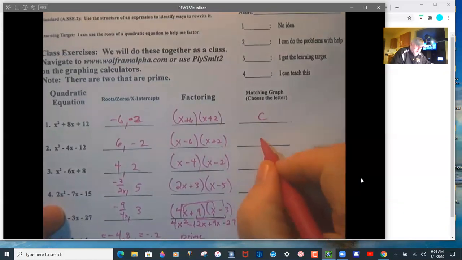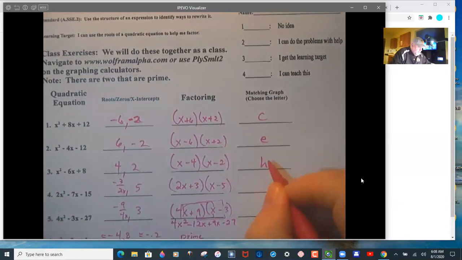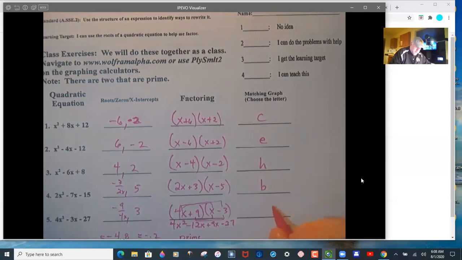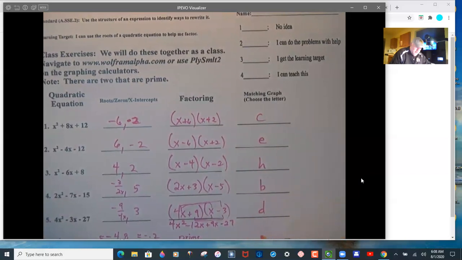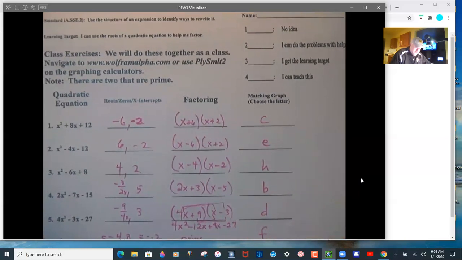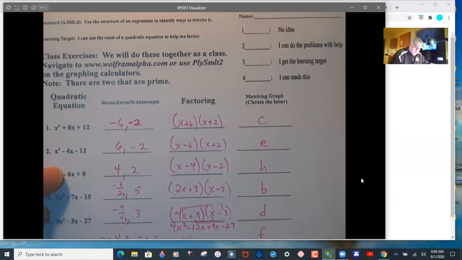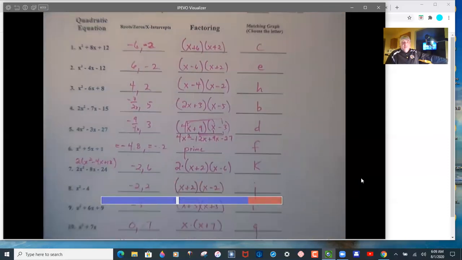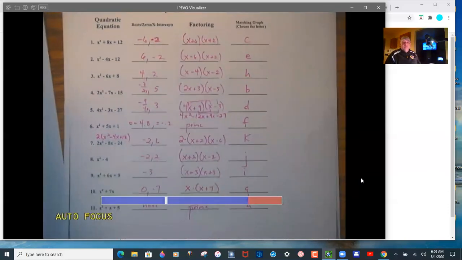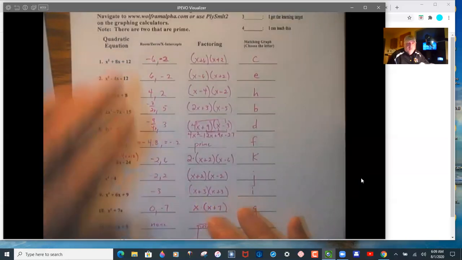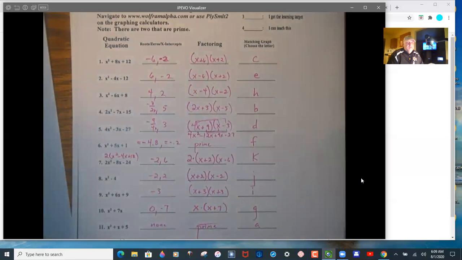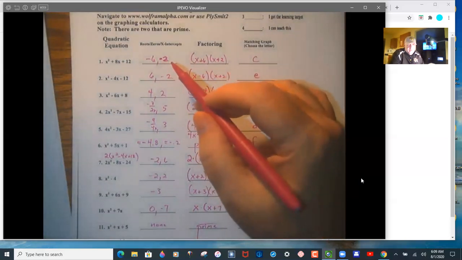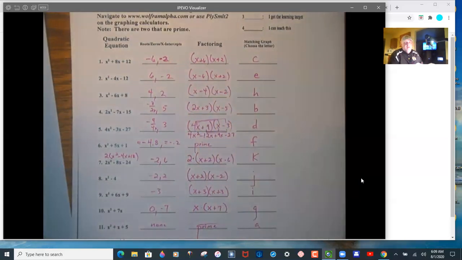And this is really pretty simple to do. You just need to watch enough of these videos so that you can easily factor. And the bigger thing is the technology. Can you use technology to find roots? Literally, you can just type this in an internet search, and up is going to come the x-intercepts and probably some factoring along with it.